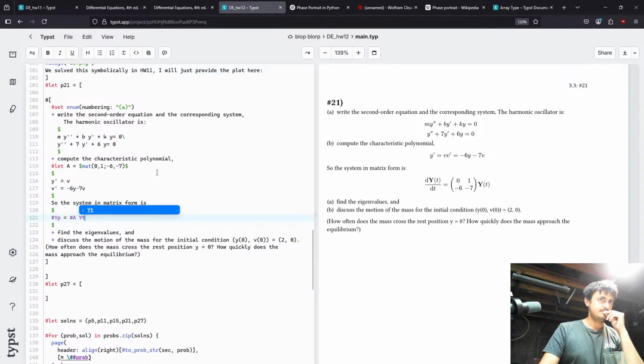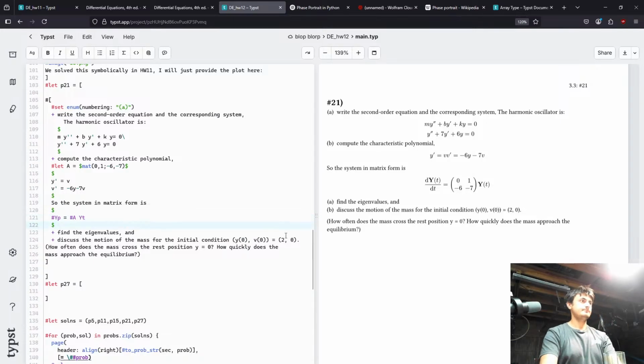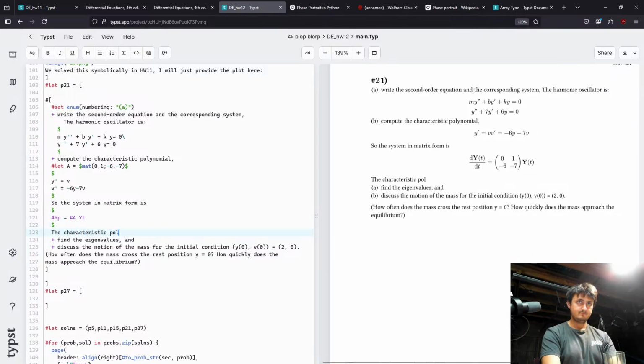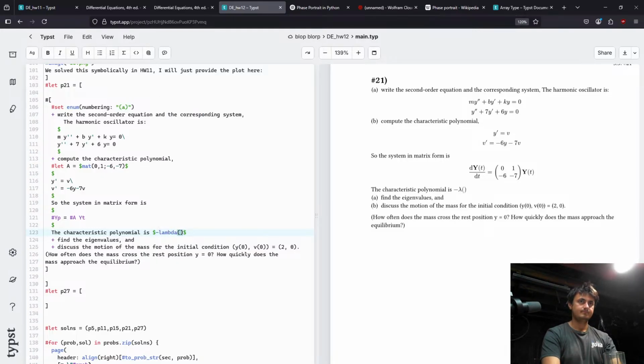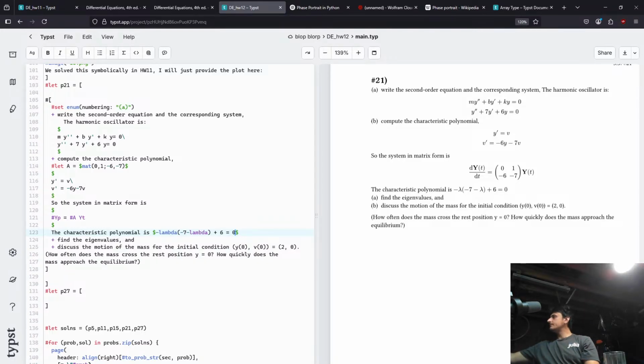Okay. So then you get 7 lambda plus lambda squared plus 6.